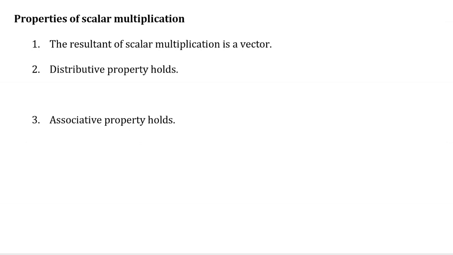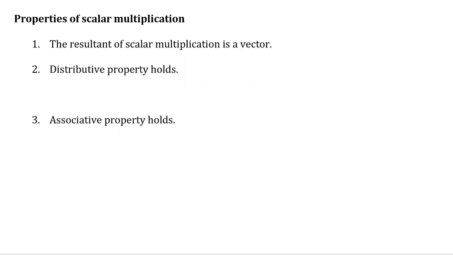So the result of scalar multiplication is a vector. It has a direction. It doesn't lose its direction. As we said, it's either in the same direction as the original vector or the opposite if the scalar you're multiplying by is negative. This is an important thing to know, because for some of the other operations that we're going to talk about, that's not always true.